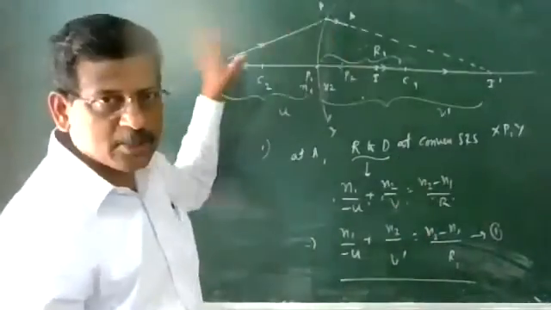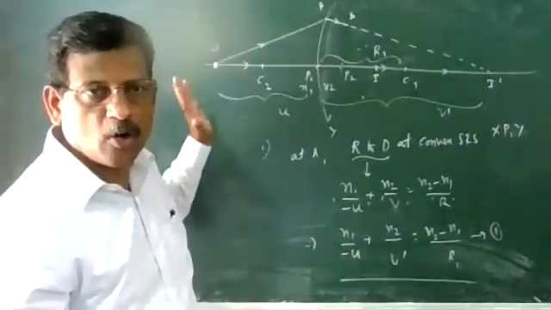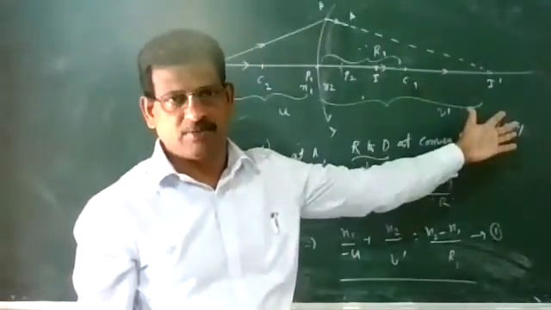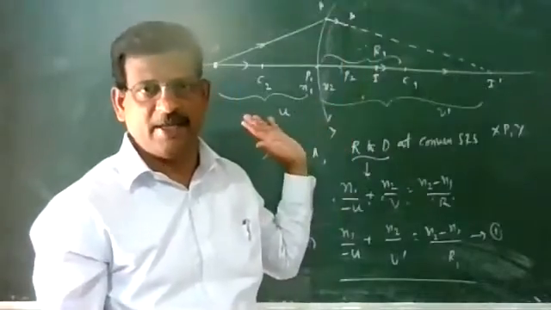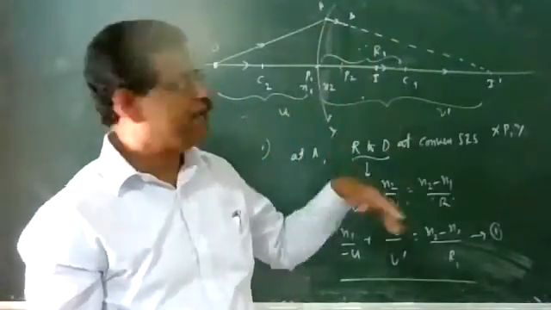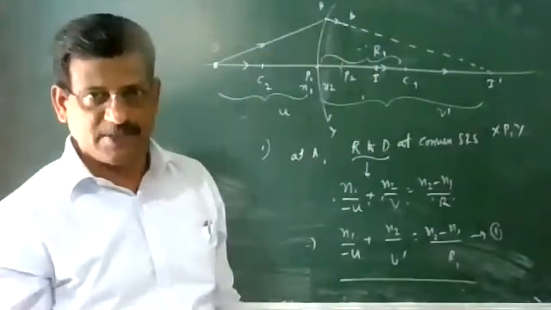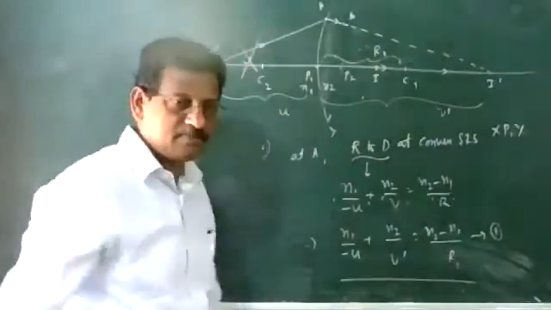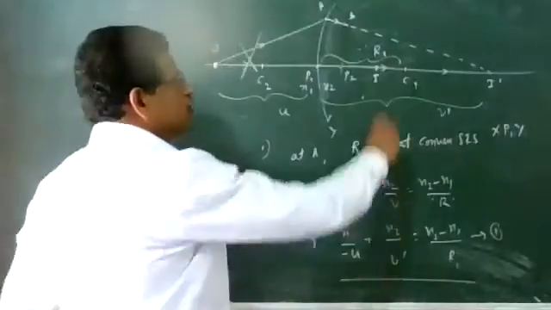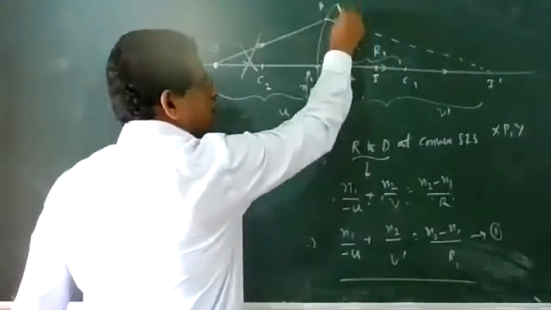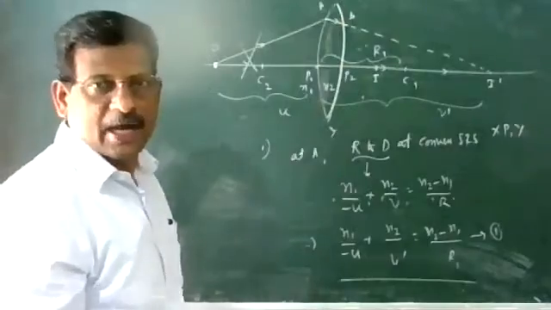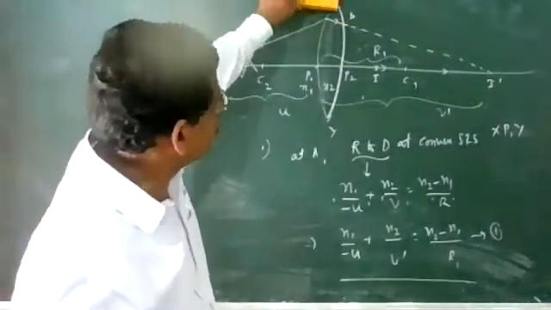So the object's work is done. So the object makes its image I dash after refraction at A. Now we have the second surface, one more surface there, refraction at B. So this part is completed, and there is no need for it now. So what I am going to do, second surface I am going to do now at B, and the first surface I am going to remove.